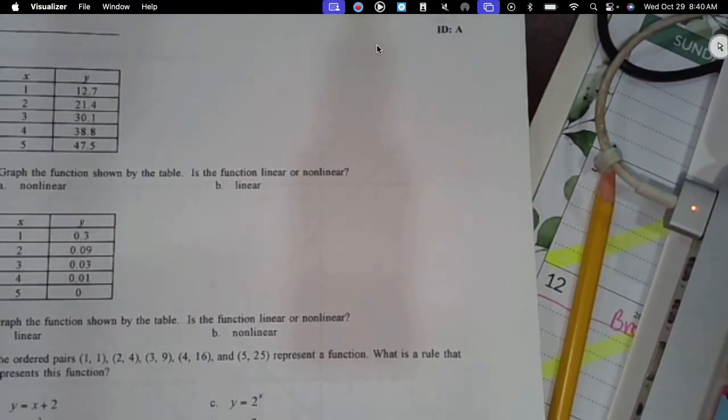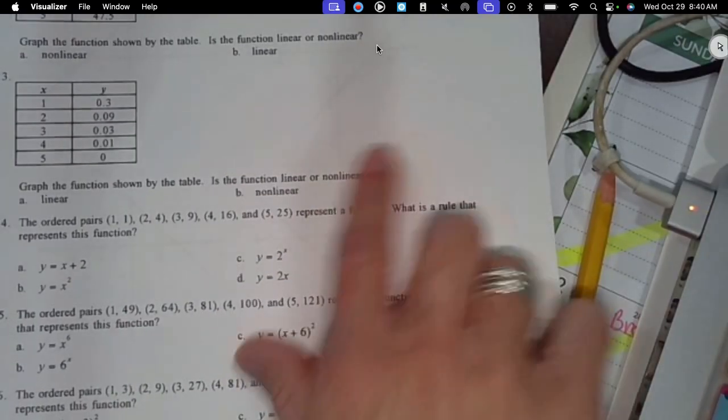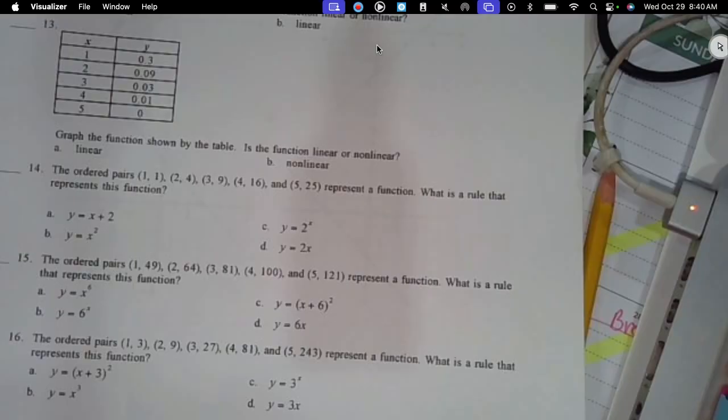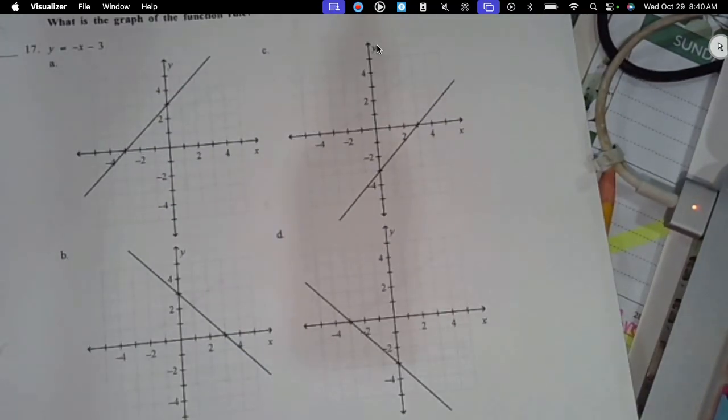I'll do one of those. And I think I'll have one where you plug in the numbers. So one of these will be on there. There we go. And the graph one, that's going to be this one right here, where you graph it.